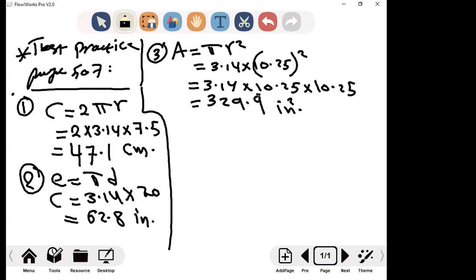Question 4. We have two parts, A and B. Let's start with part A. Do you have an answer? No one, right? Good.